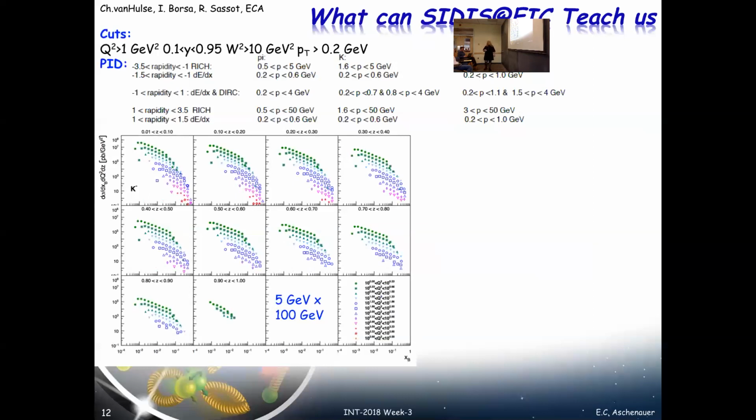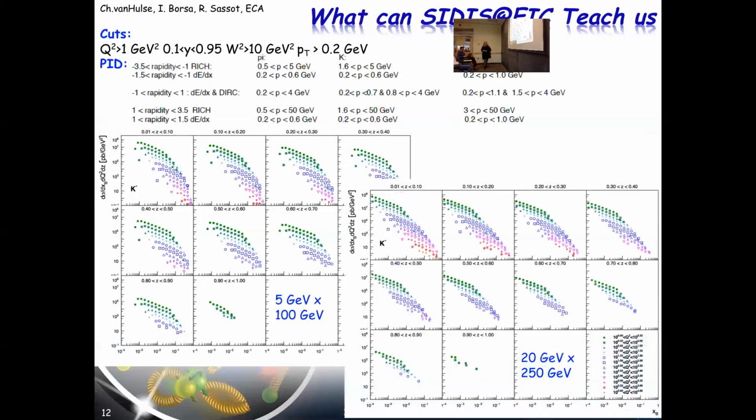And then, of course, because we always study the energy dependence, if you go to 20 on 250, you get to higher Q squared and you fill in the lower x region. So there's no big mystery happening. What is nice is you have a wide coverage in x and Q squared with the data, so you can now look into what you can do with it.